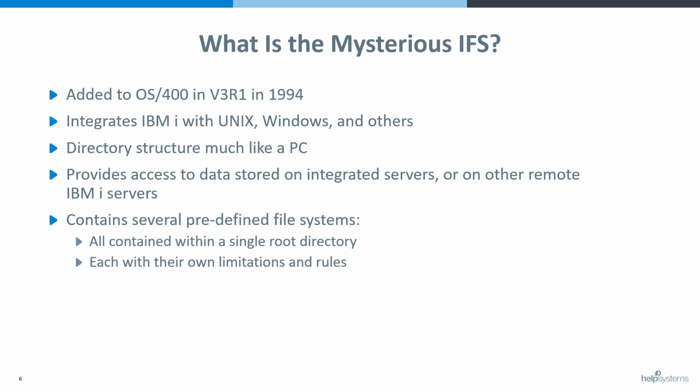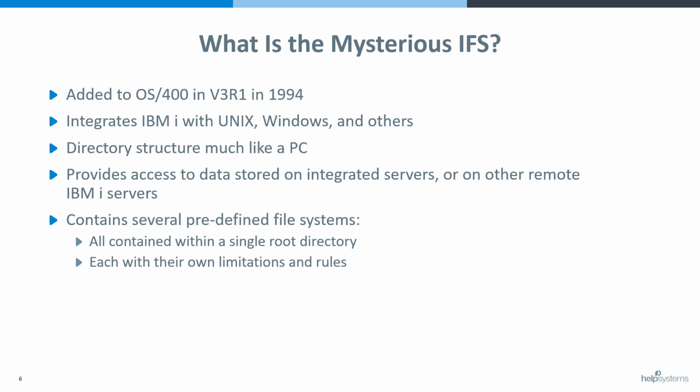The directory structure itself is very much like that you would see with a PC, following that nested tree directory structure. And it gives you access to data stored on those integrated servers or on other remote IBM servers. So essentially, you've created an environment with the integrated file system where the IBM is a file server just like that Windows server, just like that Unix server, and they are interchangeable.